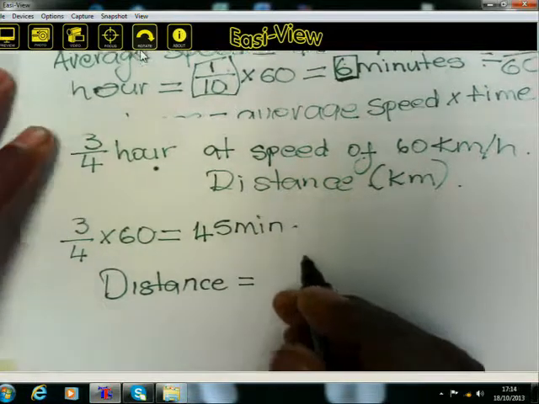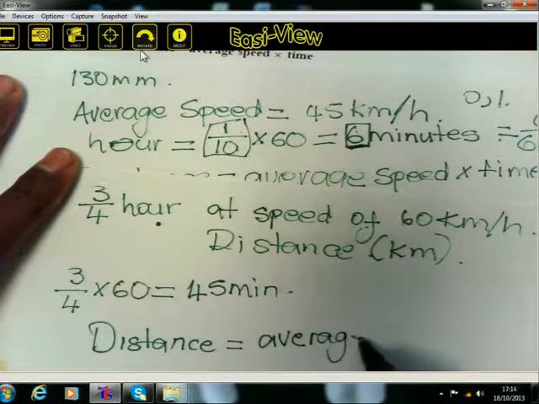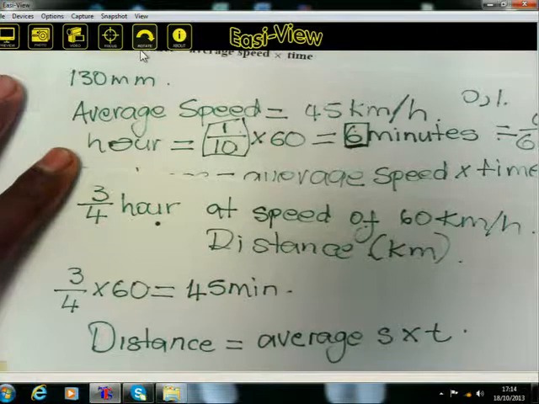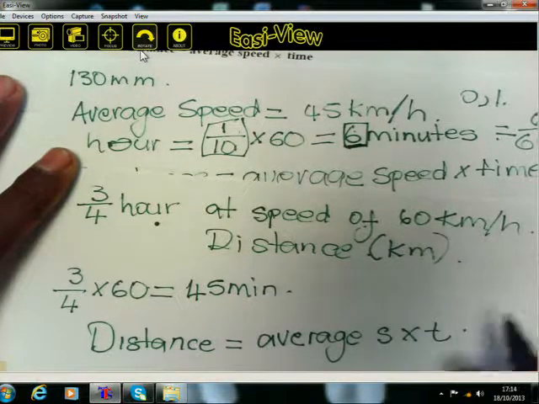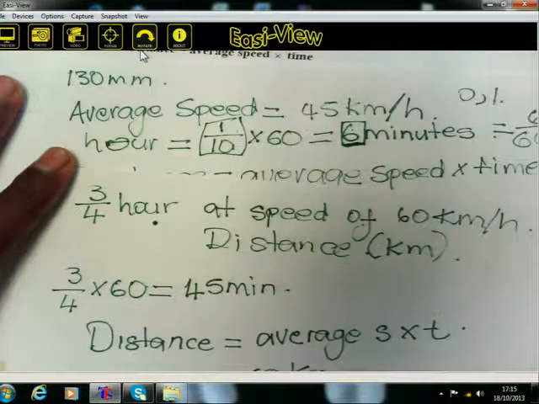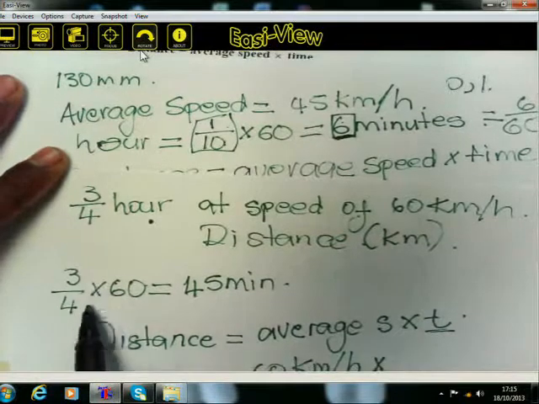is equal to average speed multiplied by time. Our average speed is 60 kilometers per hour multiplied by time. Our time is 3/4 of an hour.